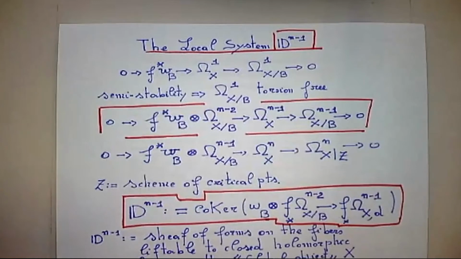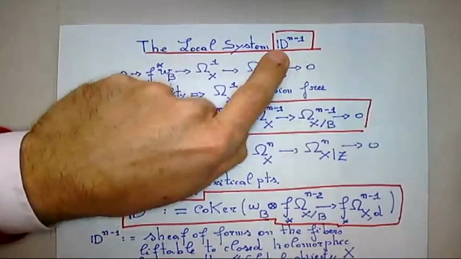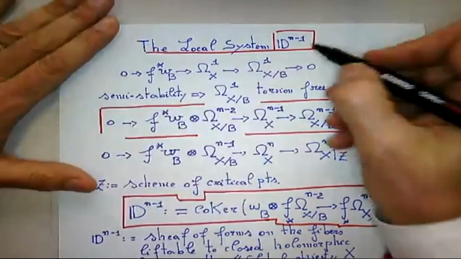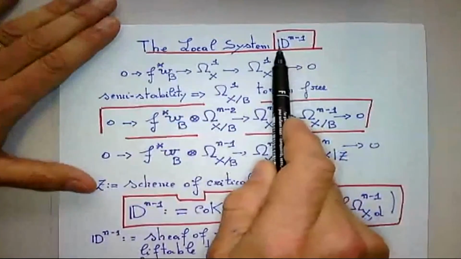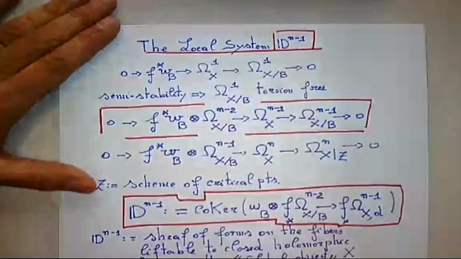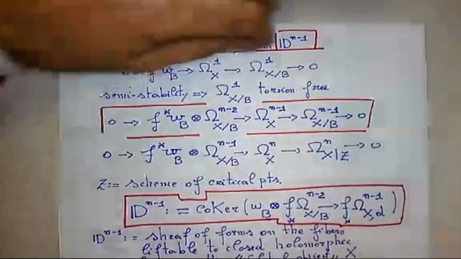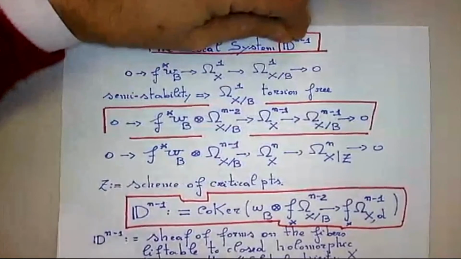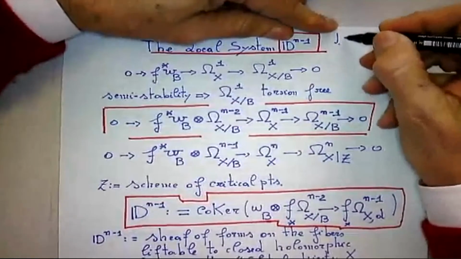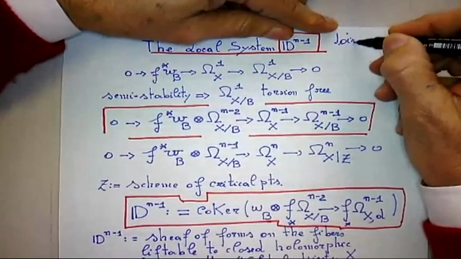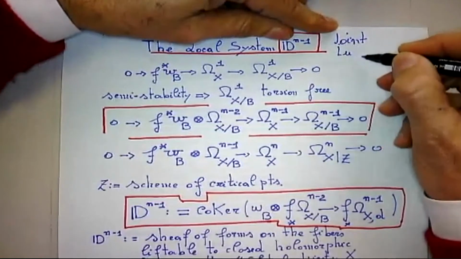Because at a certain point, I will have to quote people who have studied the problem before, but the problem has been studied only, or at least mostly, for surface theory. The main character will be this guy, that for the moment is nothing for you, but his name is D_{n-1} and it will be a local system. Okay, this is my tool. This is a joint work with Luca, the first name I have to remind you, Luca Rizzi.